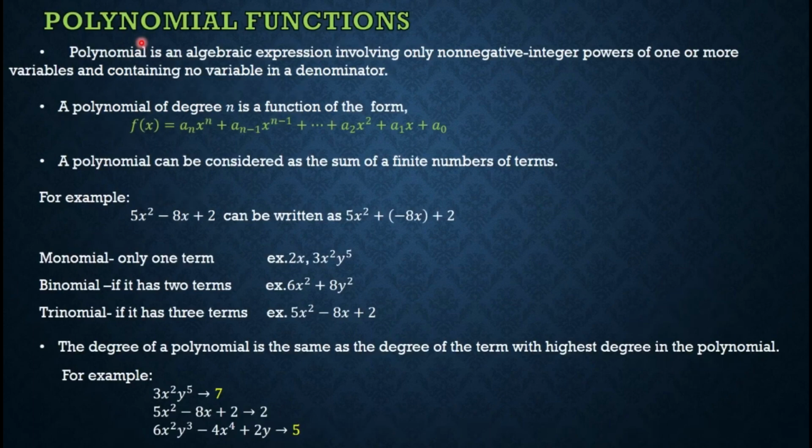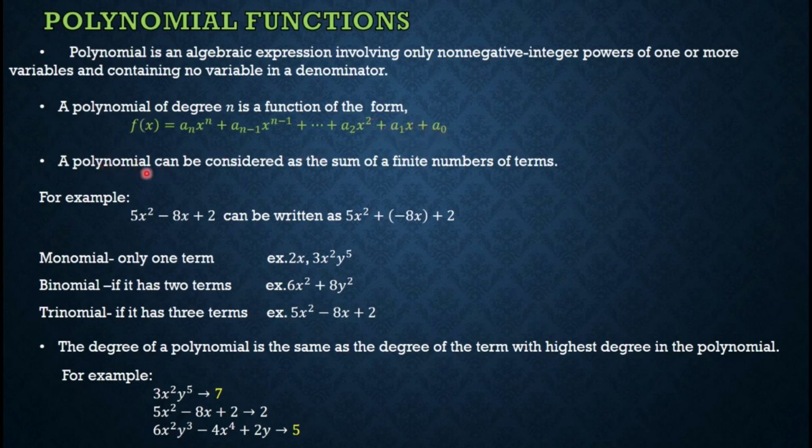Our last topic is polynomial functions. A polynomial is an algebraic expression involving only non-negative integer powers on one or more variables and containing no variable in a denominator. So, a polynomial of degree n is a function of the form f of x is equal to a_n x to the power n plus a_(n minus 1) x to the power n minus 1 plus and so on plus a_2 x squared plus a_1 x plus a_0.